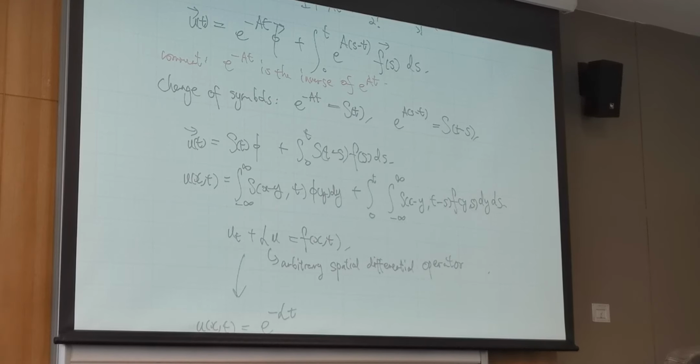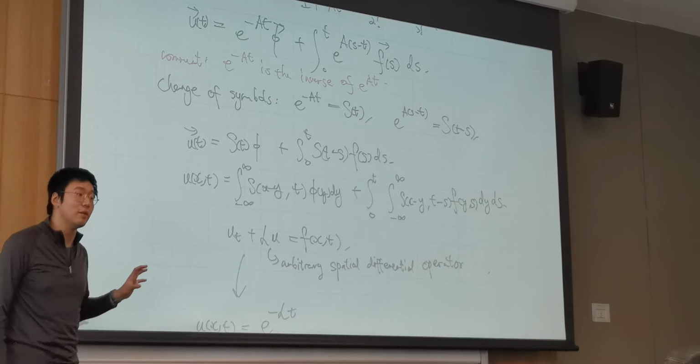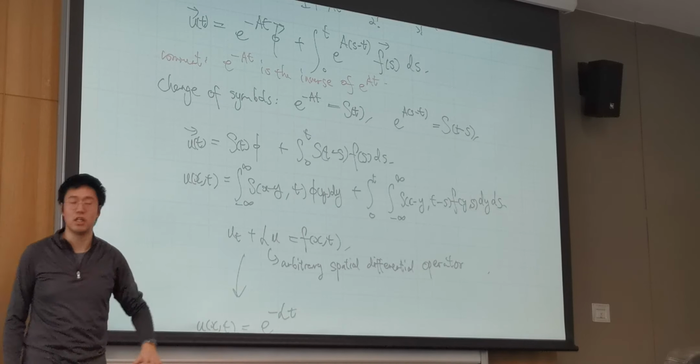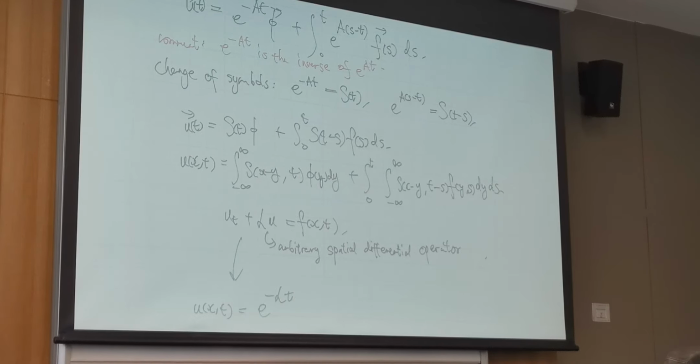I'm not going too deep about what this is. But suppose I am able to write down such a mapping, e to the negative Lt. Then e to the negative Lt phi(x), and then plus the integration from 0 to t of e to the L(s minus t) f(s) ds.